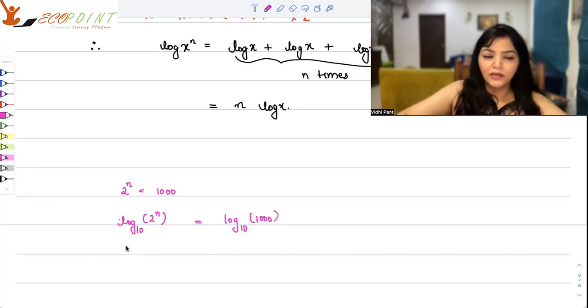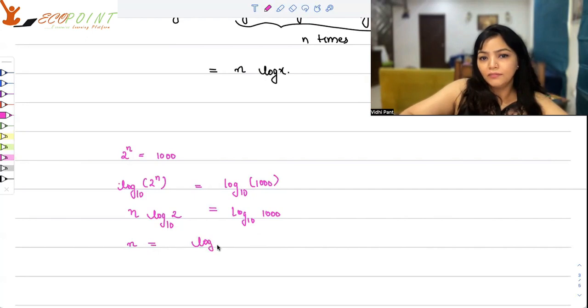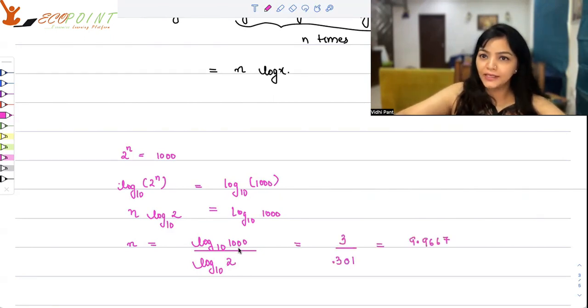Well, this left-hand side becomes n log base 10 of 2 equals log base 10 of 1000. That means your n is equal to log base 10 of 1000 upon log base 10 of 2, which will turn out to be, log base 10 of 1000 is 3 clearly.